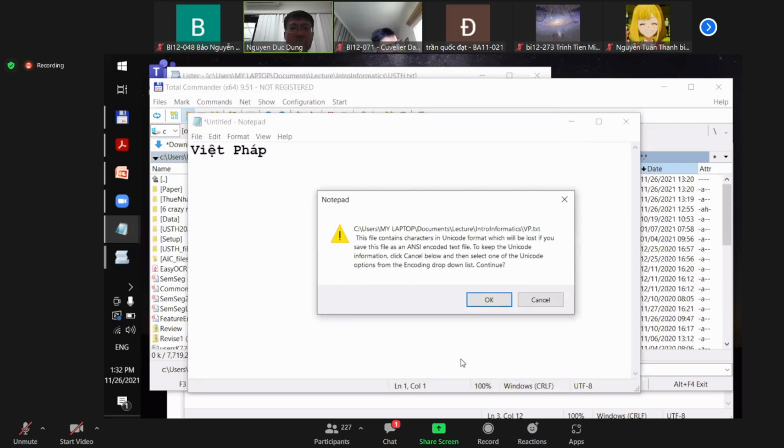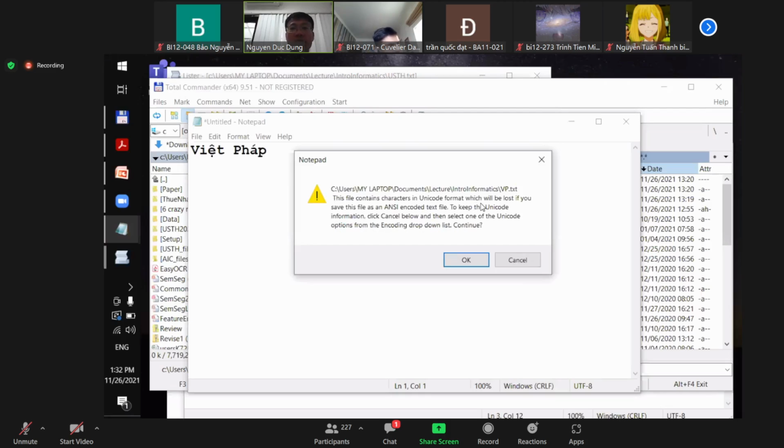Okay. The program informs us, warning us, when something is wrong or not appropriate. In this warning, the Notepad program says that this file contains characters in Unicode format, which will be lost if you save this file as an ANSI encoded text file.